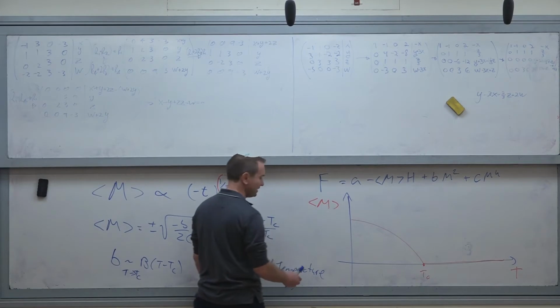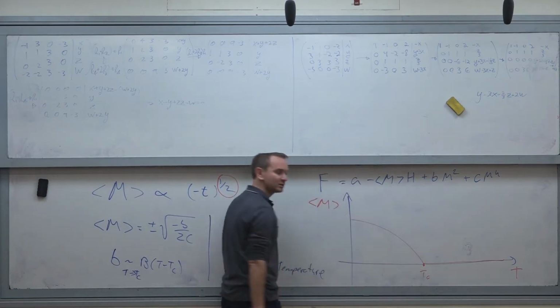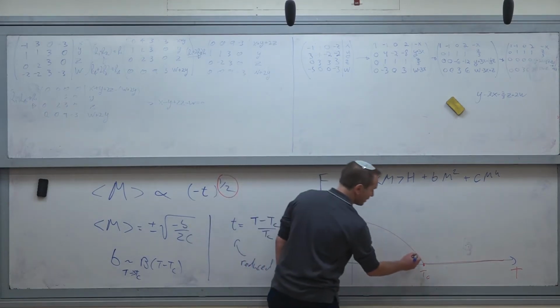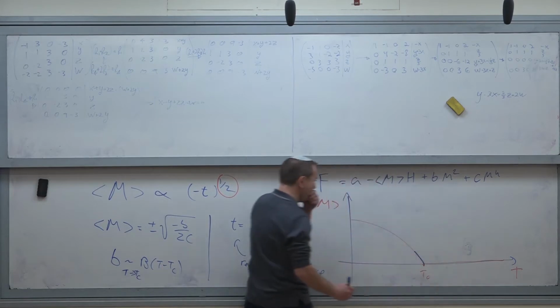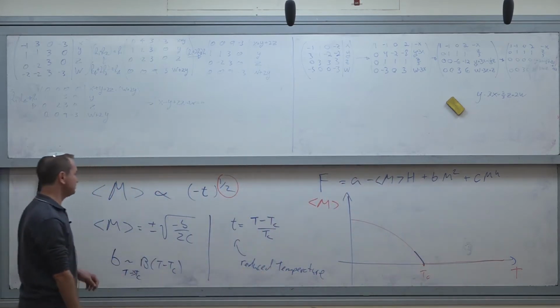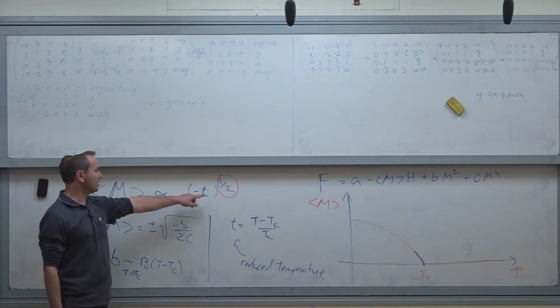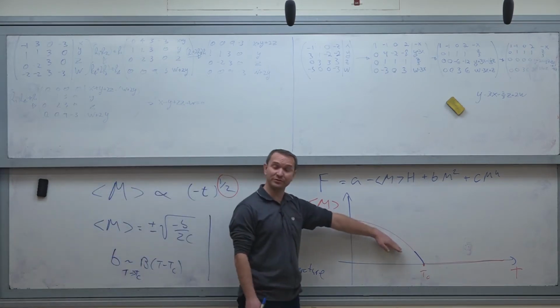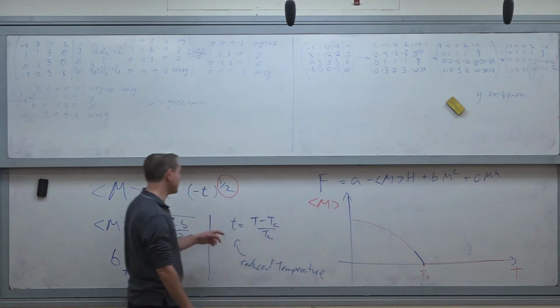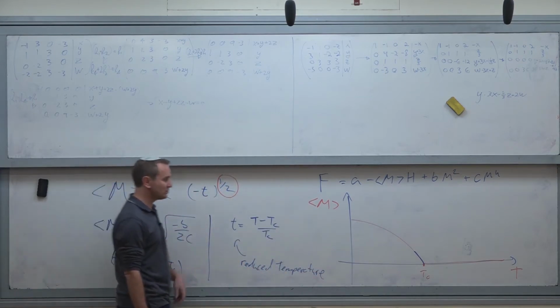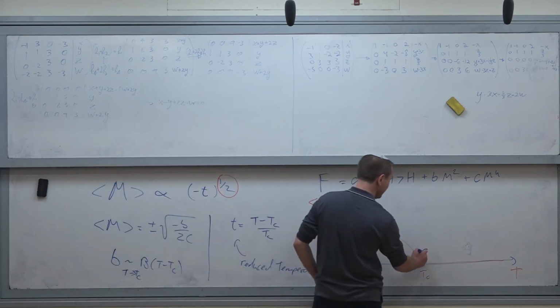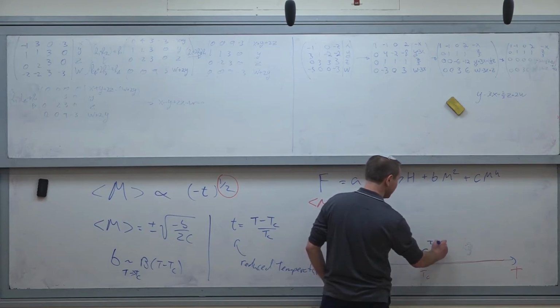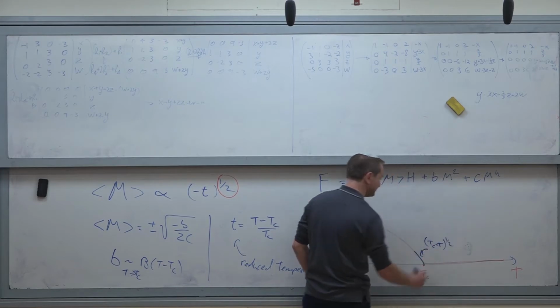What we see is that in the vicinity of this critical point, the behavior looks like a square root of the reduced temperature, Tc minus t to the power 1/2.